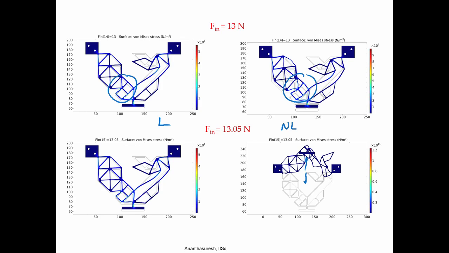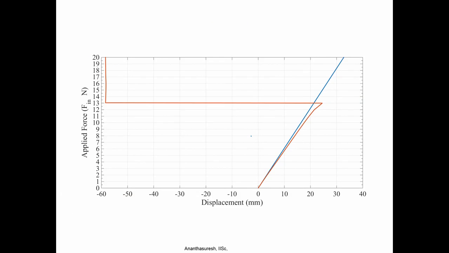But this is exactly what will happen in reality. When I keep applying force, there is some buckling happening. We can see the signs of it at 13 newtons, just a little bit. Anything that happens suddenly is a catastrophic phenomenon; that is how buckling occurs. And that is what we saw in the deformation behavior over here. As we increase the force, at some point displacement changes direction and goes to a very large value, and that will be captured only in nonlinear analysis.